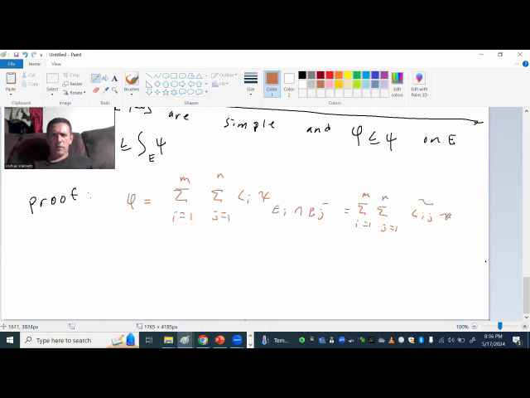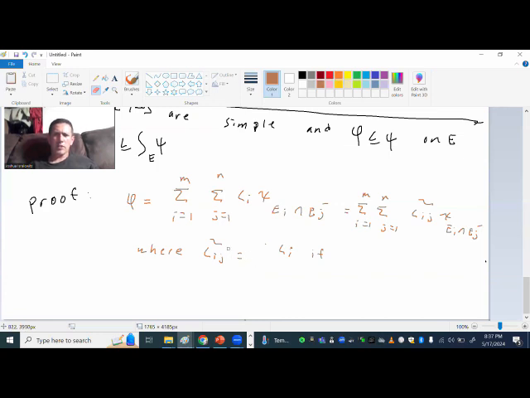So I'm going to write this in the following way, E_i intersect E_j prime. So this here is simply going to be c_i.